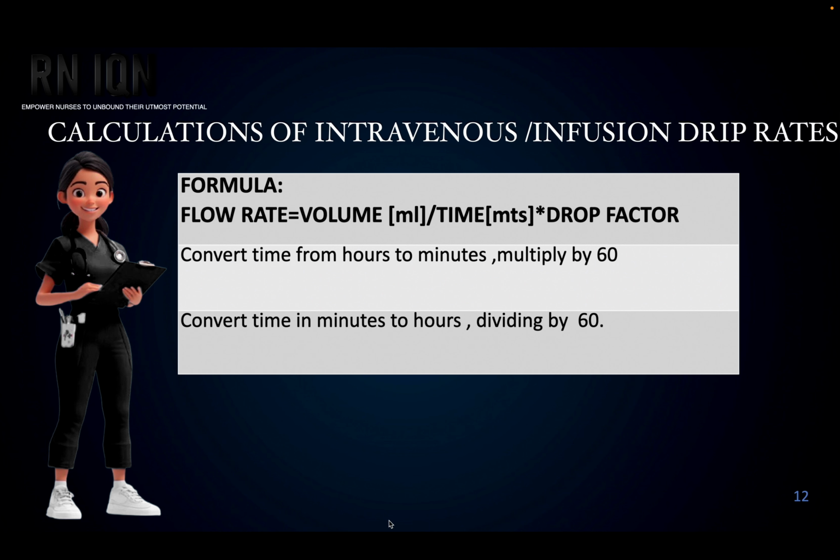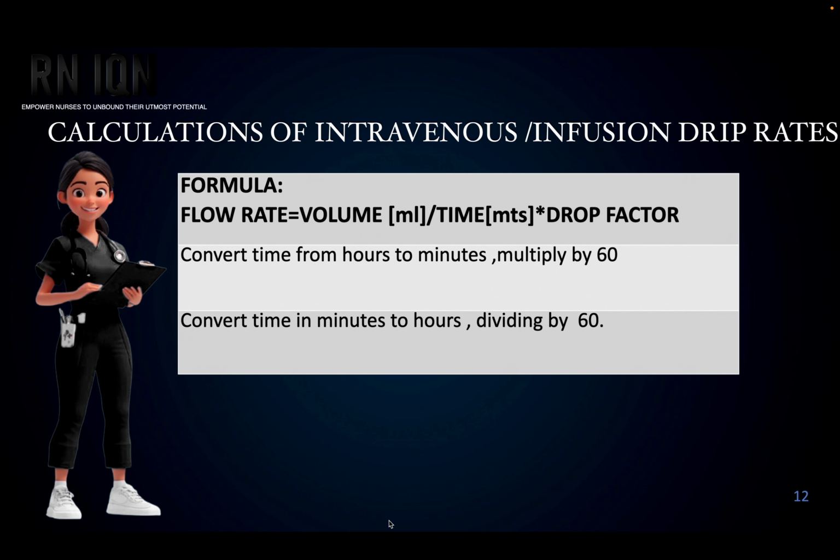If the time is given in hours, you have to convert it into minutes by multiplying by 60. And if the time is given in minutes and you need it in hours, divide by 60. As I mentioned earlier, always stick to the formula and check if any unit conversions are needed before applying it.